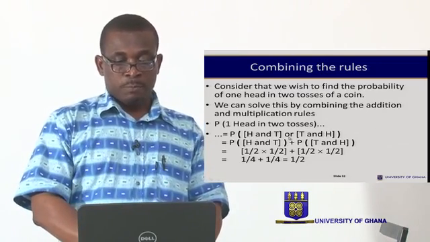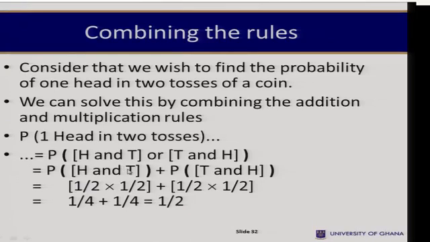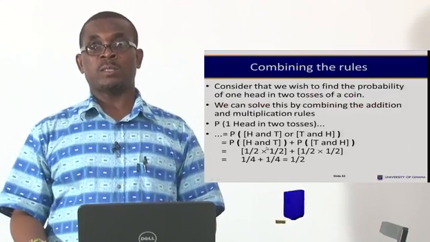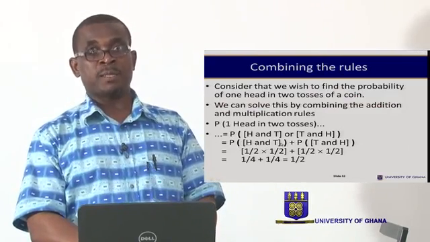So because of this, we can write it as the probability of head and tail plus the probability of tail and head, because whether you get head and tail, when you toss the coin twice, the head appears once. In this first case, the head appears first, but the tail appears second.